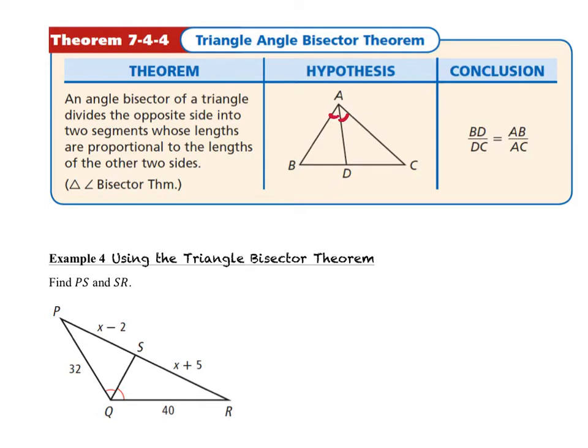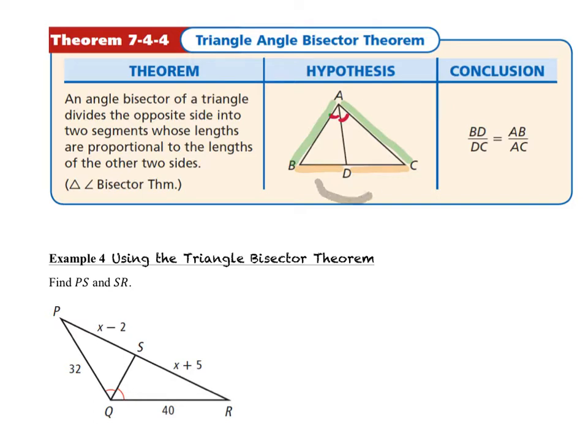So the opposite side is going to be broken up into 2 segments, BD and DC, that are proportional to the lengths of the other two sides, AB and AC. Let's take a look at the conclusion.